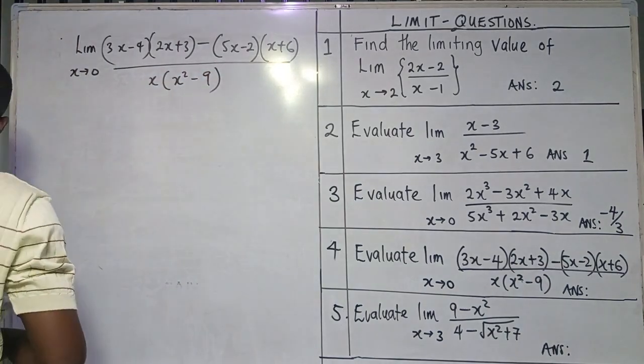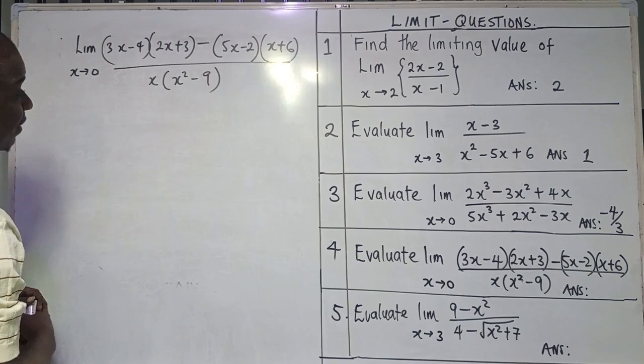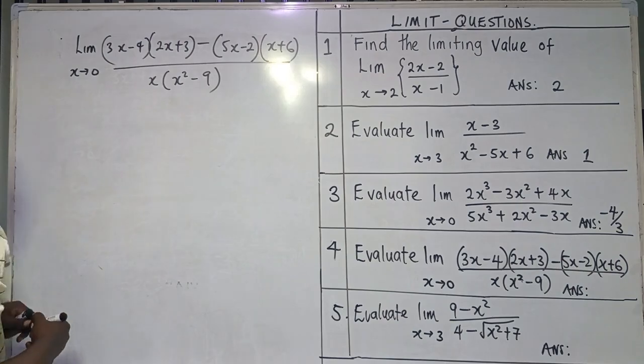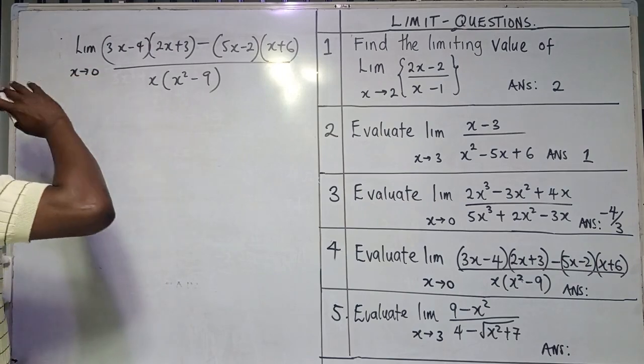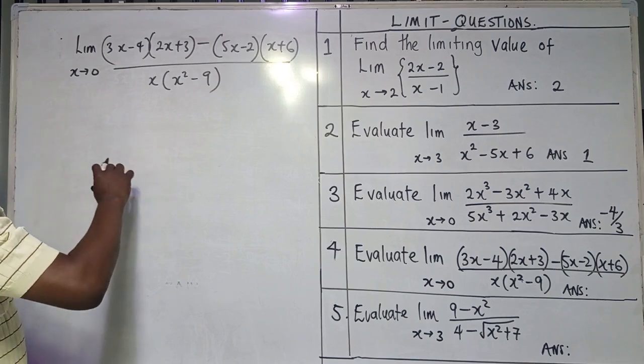It is a very interesting question. I love this question so much because it requires a lot of mathematical operation. What do we do to break this down? First of all, let's open the bracket. Don't substitute directly.